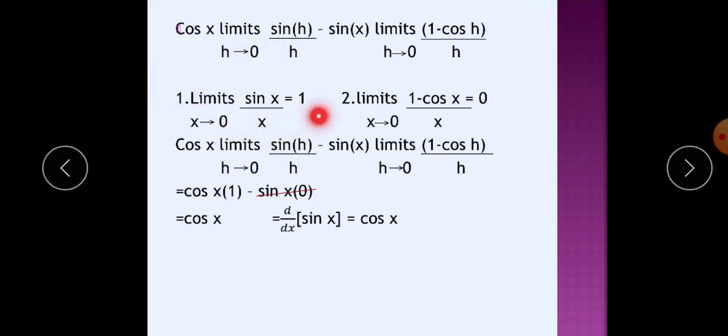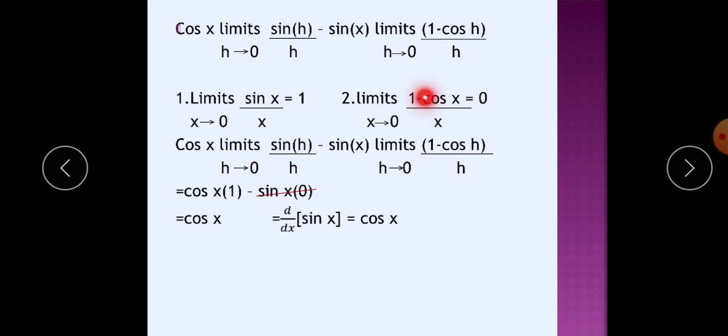These two limits you need to be familiar with. Number 1: the limit of sin x over x as x approaches 0 is equal to 1. And 1 minus cos x over x, as x approaches 0, is equal to 0.